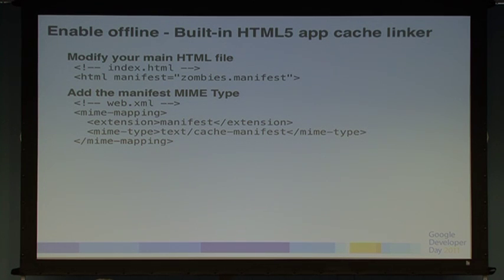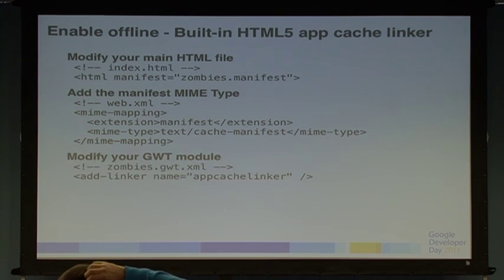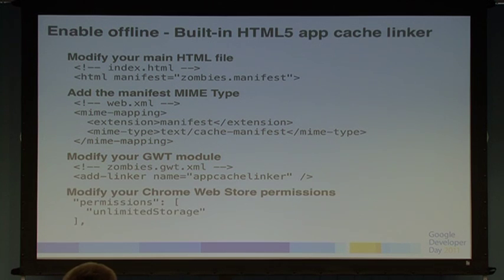Inside your web.xml, you also have to declare a special MIME type. It has to be exactly this MIME type and nothing else, otherwise it won't work. And then inside PlayN, for your GWT app, you have a GWT module file, and you just have to add one line there. You say add linker, name equals appcache linker. And then we do all the rest of the magic for you.